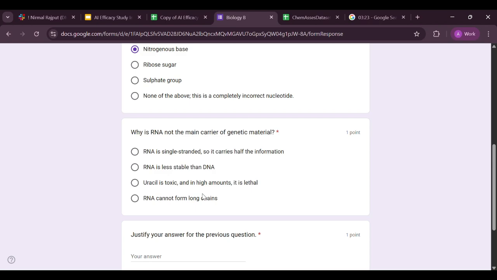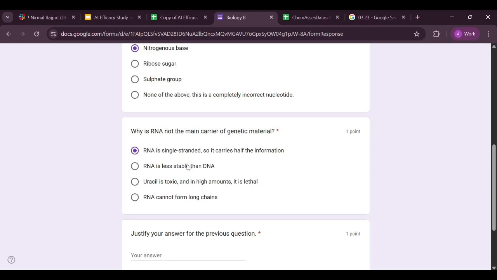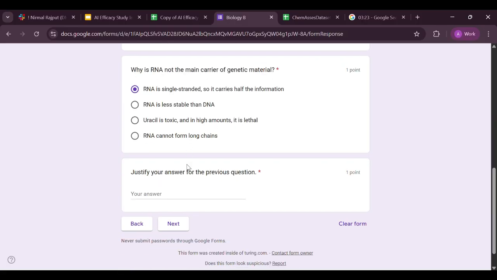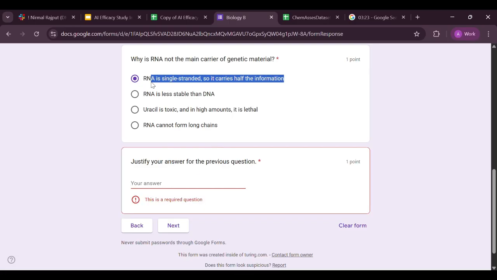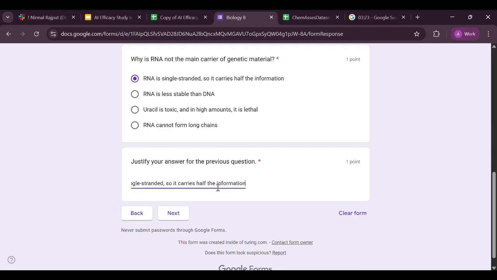RNA cannot form long chains. So I guess it will be that RNA is single stranded, so it carries half the information. For the justification of my answer, I'm going to use this only: RNA is single stranded, so it carries half the information.